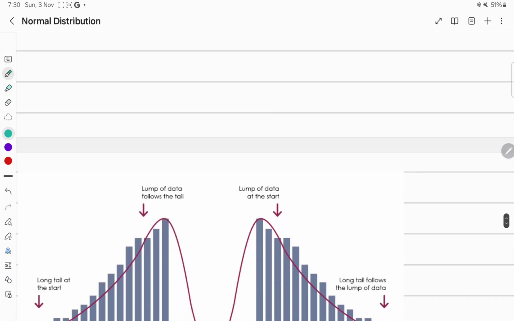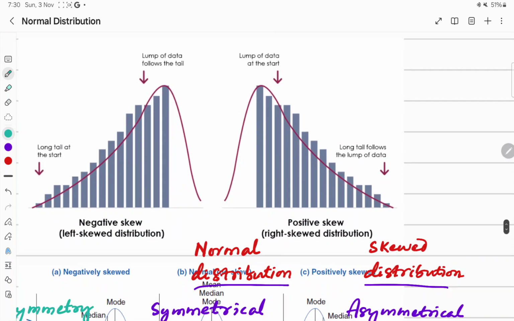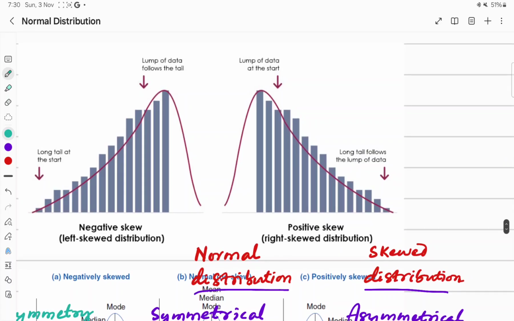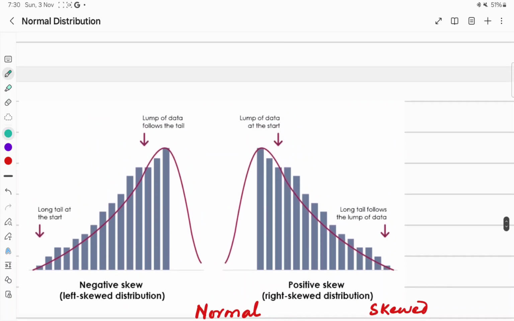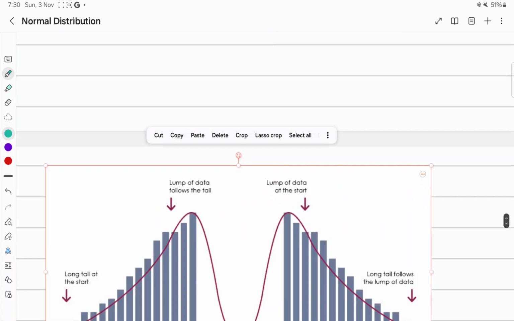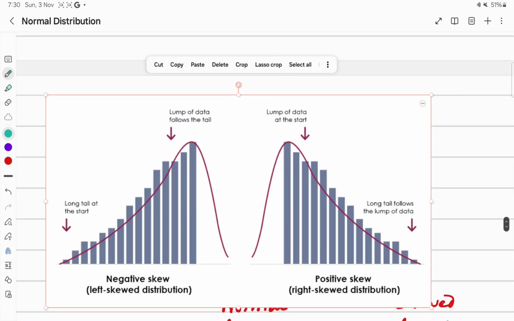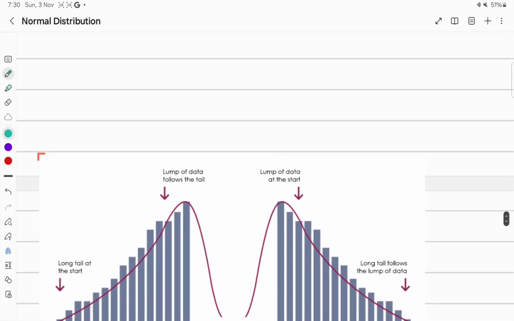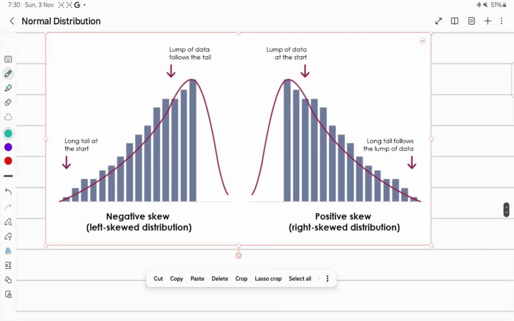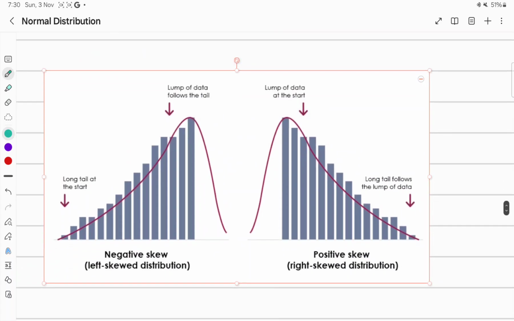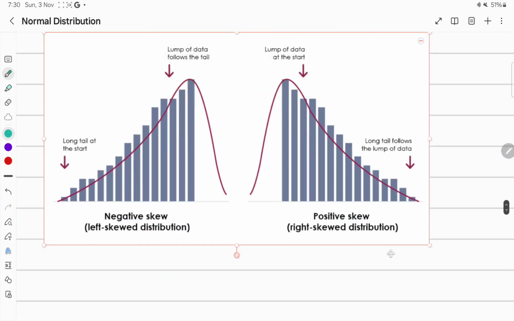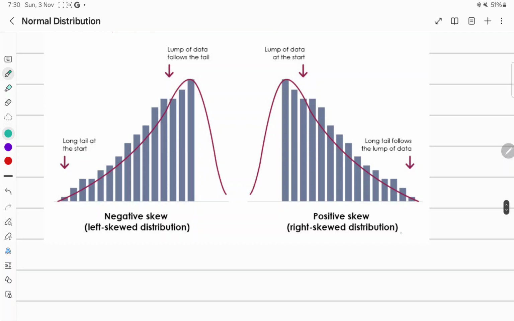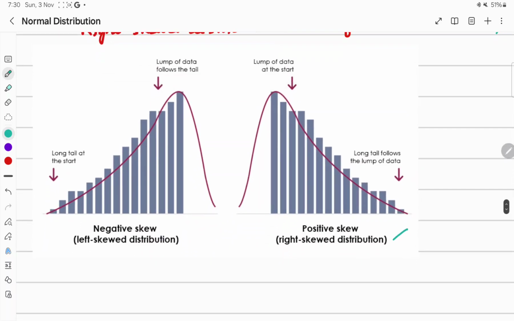So you can see here, this is called positive skew or right skew distribution, and this is called negative skew or left skew distribution.